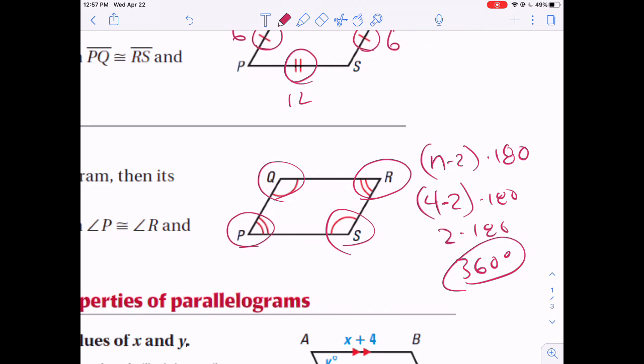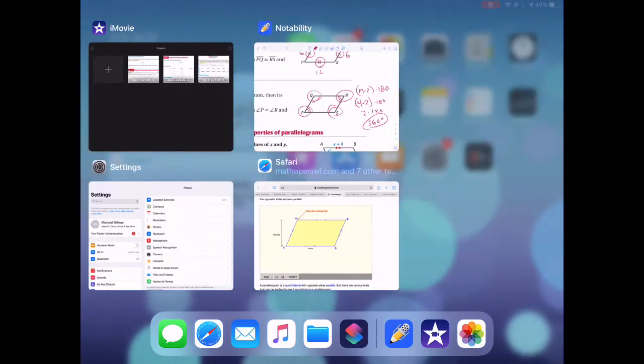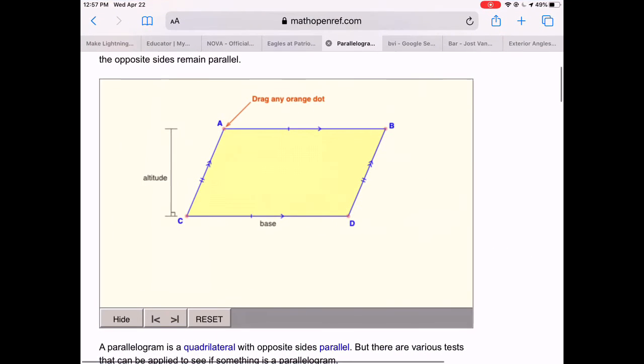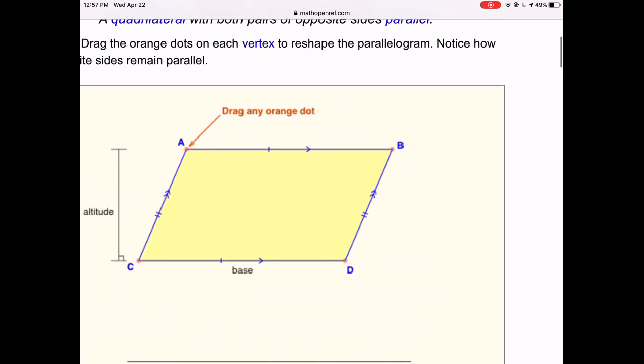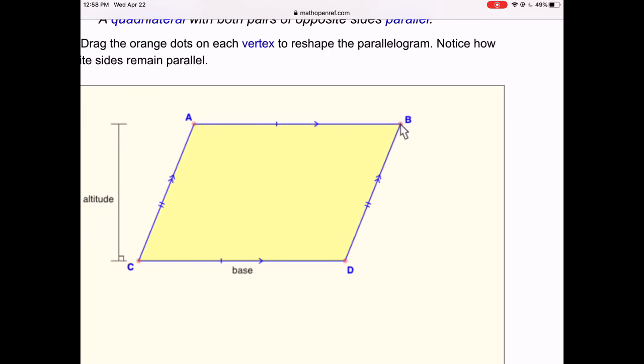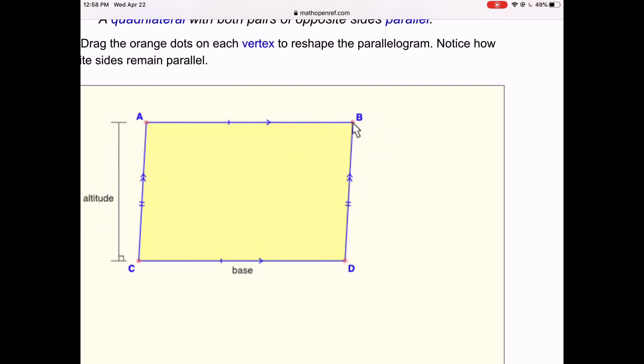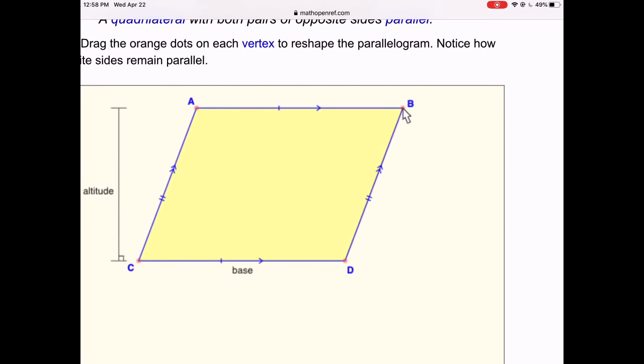I want to show you again, these links are on your Google Classroom. We can take from this Math Open Reference the parallelogram, and it shows you can take any of the corners and make it bigger or smaller, and the opposite sides are shown as parallel with the arrows and the little hash mark. For the left and right, you also have congruency.